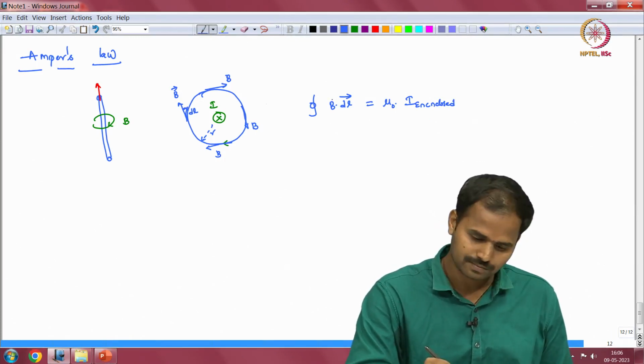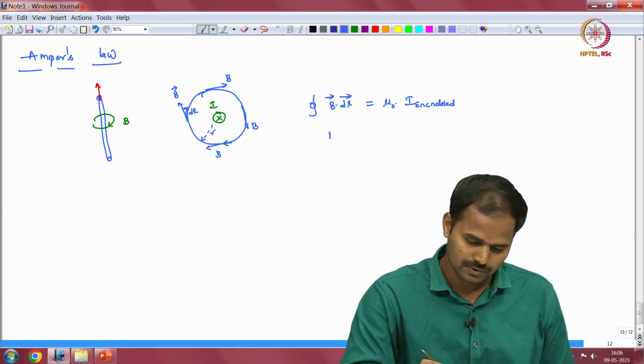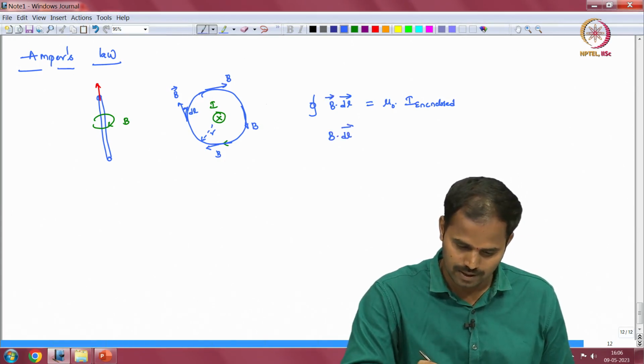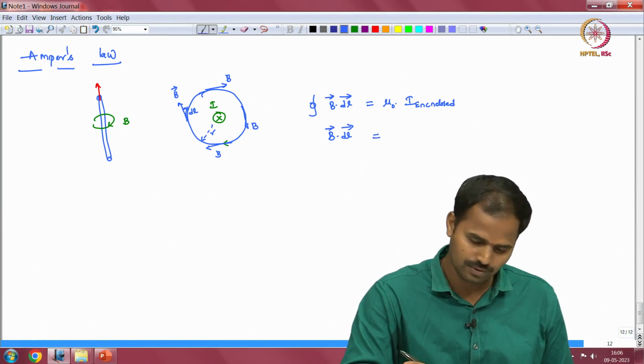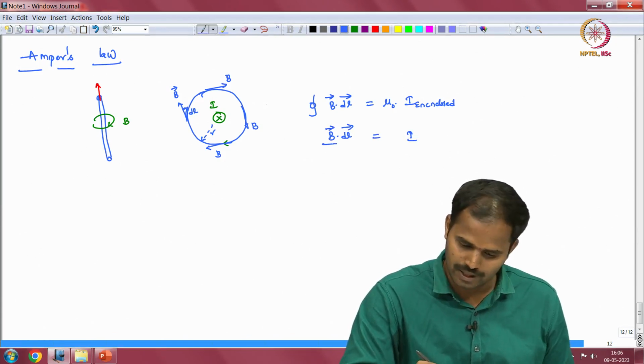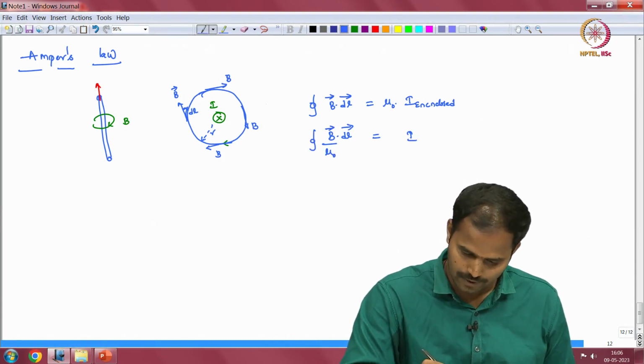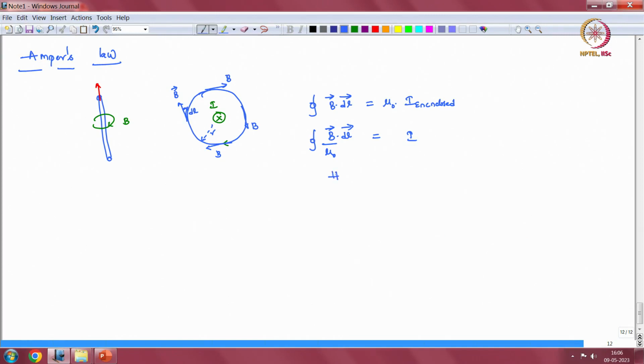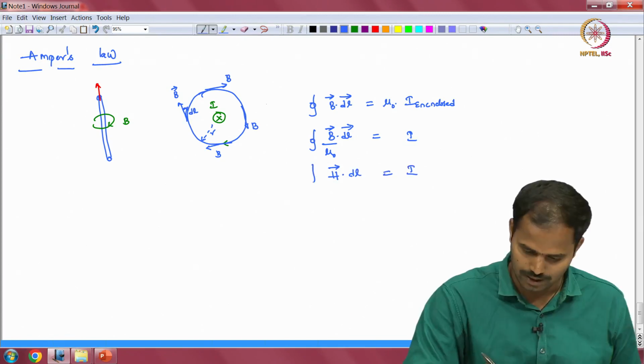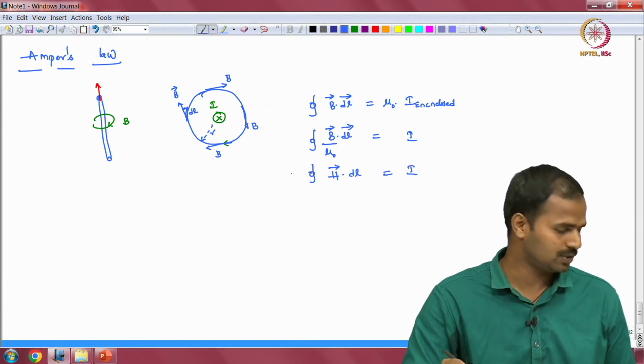So, B dot dl equals... bringing mu naught to this side, B by mu naught we can replace with magnetic field intensity H. H dot dl equals I.